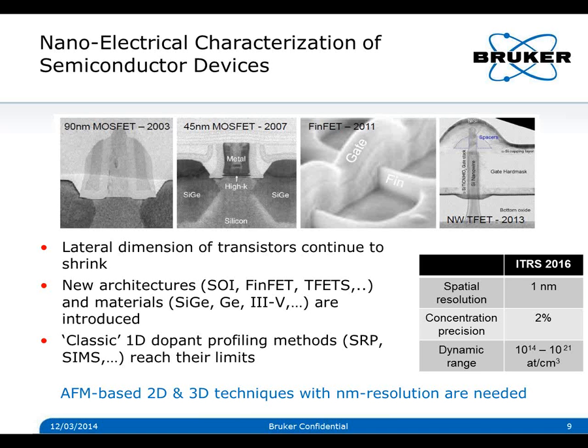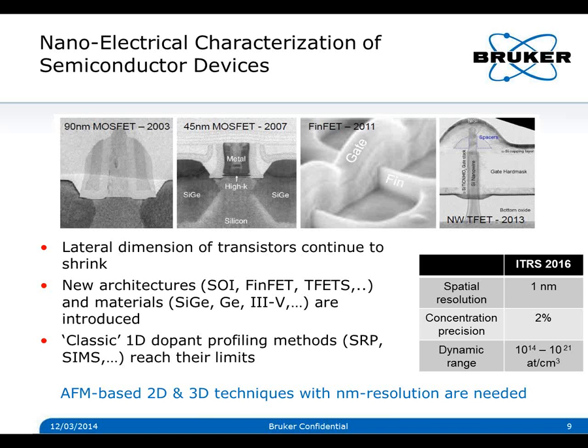It's not only the dimensions, which have shrunk to tens of nanometers and sometimes less, it's also the shape of the structures that has drastically changed. It's no longer 2-dimensional, it's now 3-dimensional. We have more complicated structures in FinFETs and TFETs. There's also lots of different materials from the classic silicon only. We now have silicon germanium, compound semiconductors, etc. All these things can complicate and do complicate the metrology.